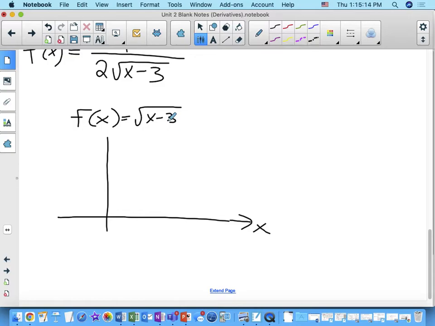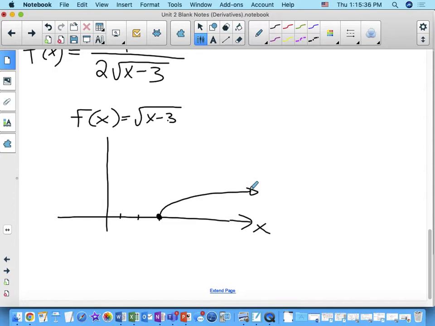Yeah, it's kind of like half a parabola on its side. Where's the end point going to be? Yeah, where x equals 3. Okay, so this looks like that.